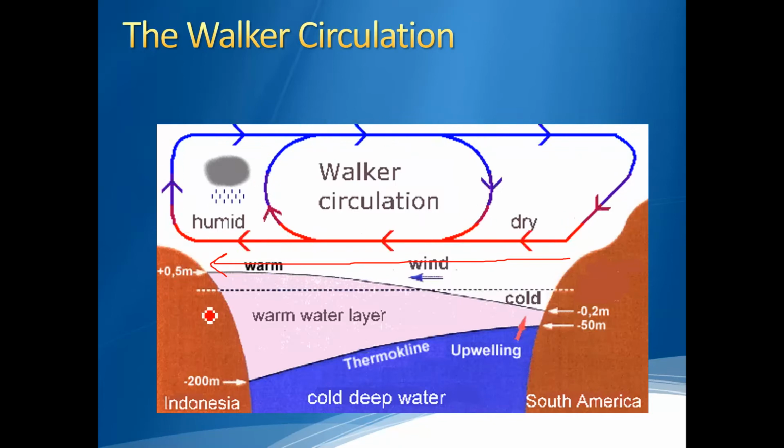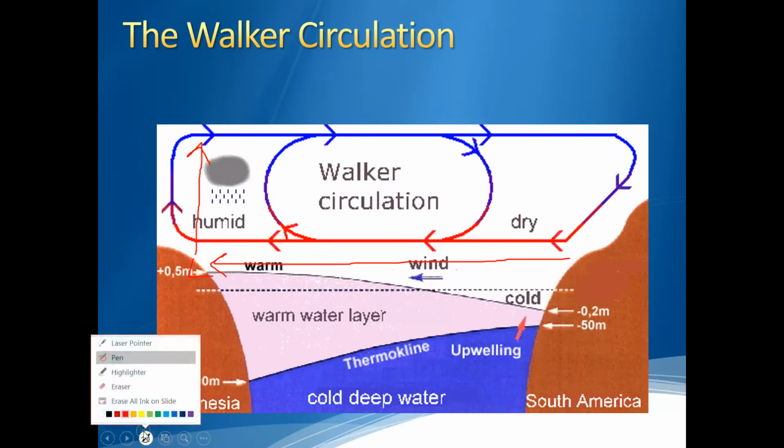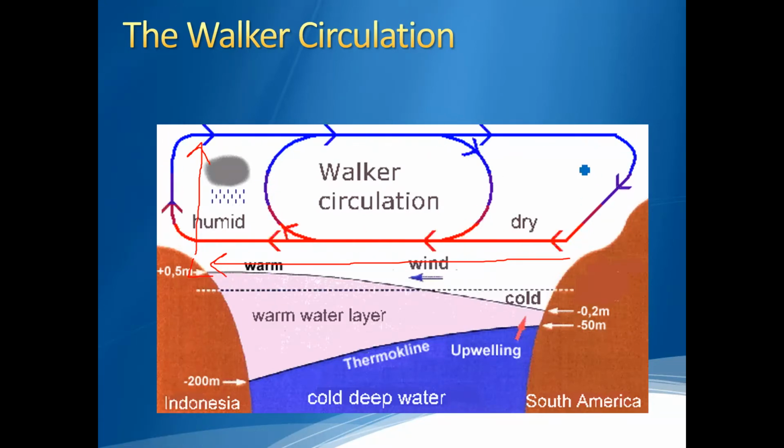You then get this bulge of warm water, which creates a bulge of warm air. That warm air then rises. You have low pressure down here. Meanwhile, in the Eastern Pacific, you have cold sinking air and high pressure near the surface. And so the weather is typically very dry.